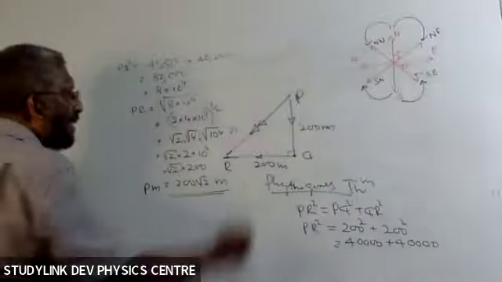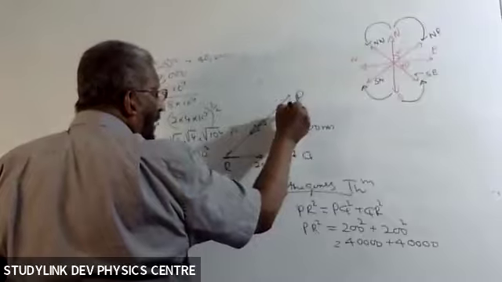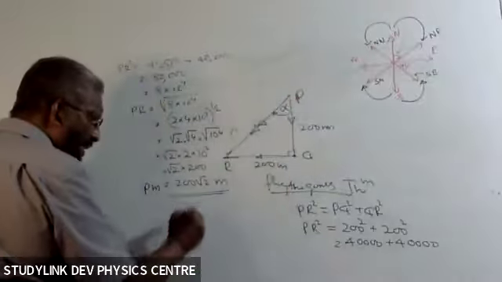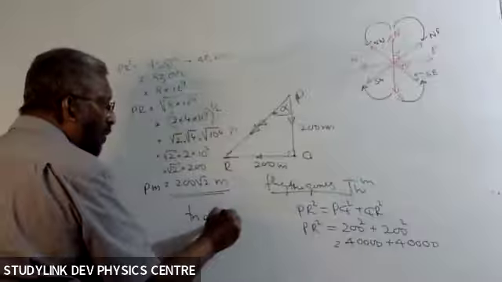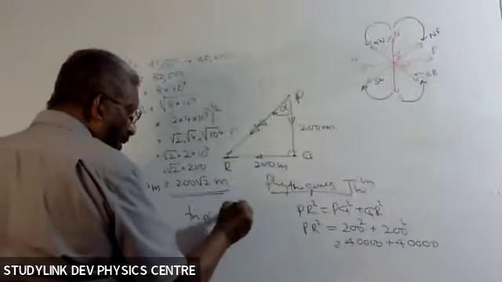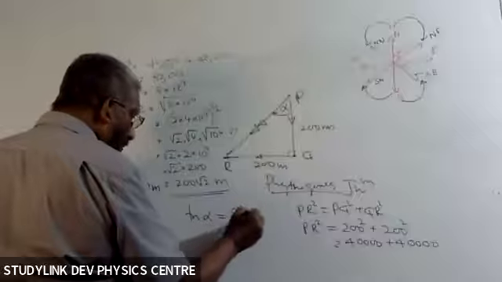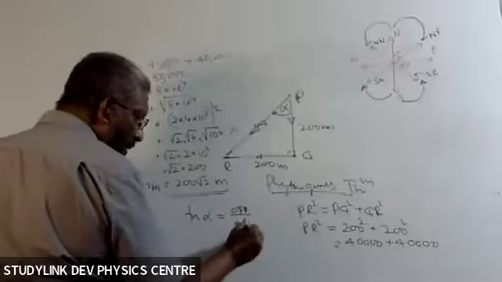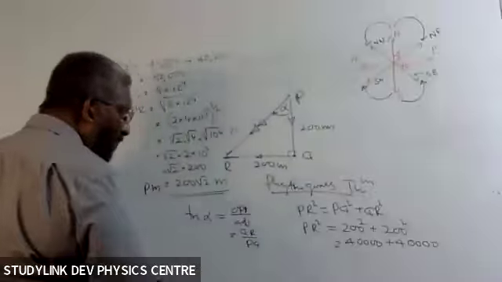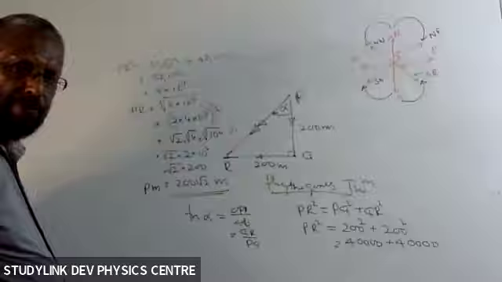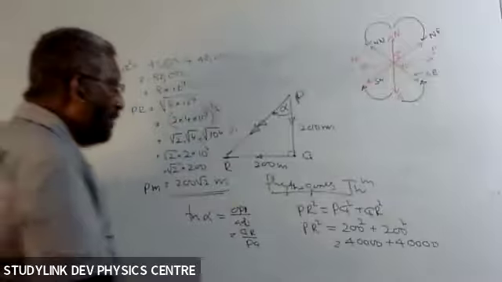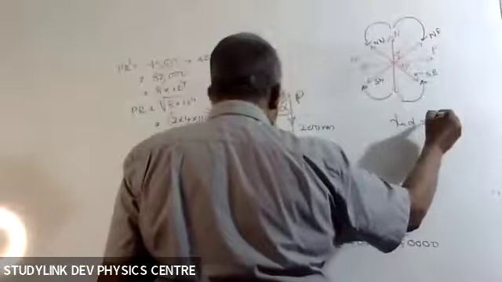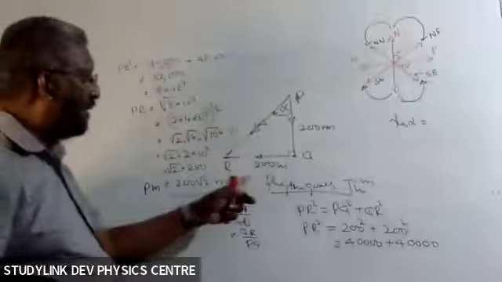Then direction. He started from here, now there. This is theta, or we can say alpha, any angle. Tan alpha is equal to opposite divided by adjacent. Then QR divided by PQ. Tan alpha is equal to QR, 200.